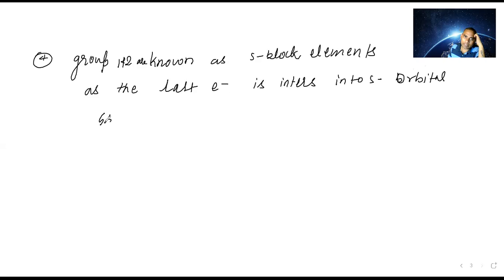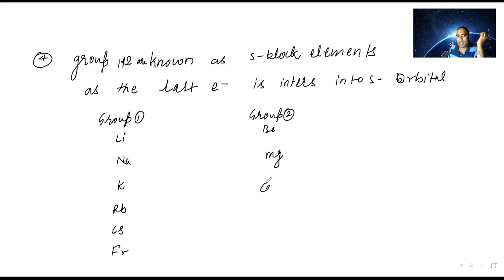Now, going into a little more detail: group 1 and group 2. In group 1 you see lithium, sodium, potassium, rubidium, cesium, francium. Here are beryllium, magnesium, calcium, strontium, barium, and the last one is radium.